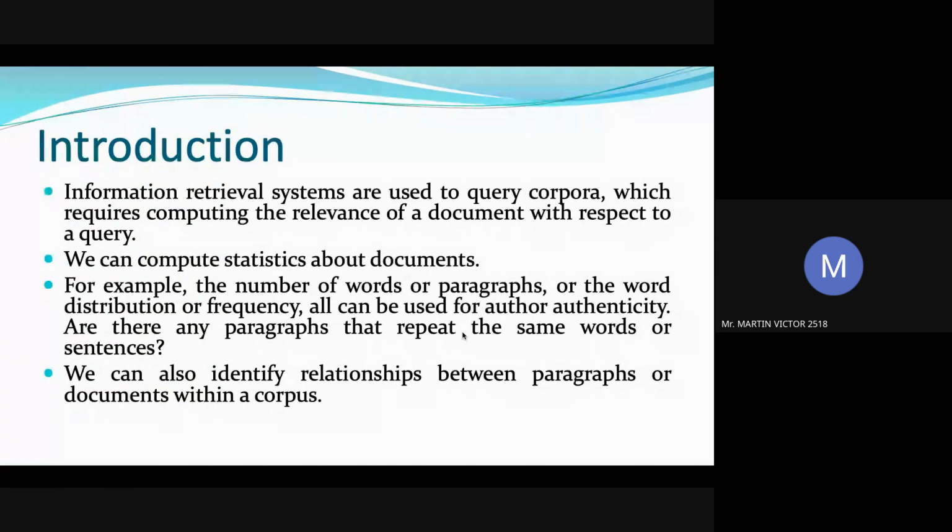We can even compute statistics about the documents, that means the number of words or paragraphs, the word distribution, or the frequency of the words that have been repeated throughout the document. All these can be used for author authenticity. We can also identify relationships between paragraphs or documents within a corpus.